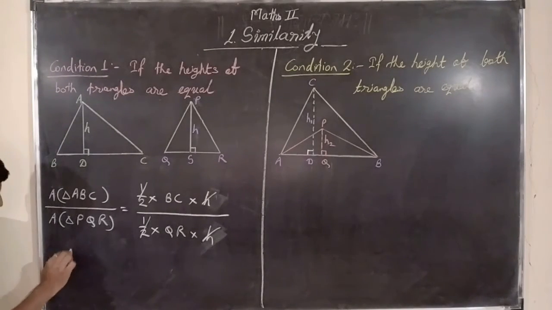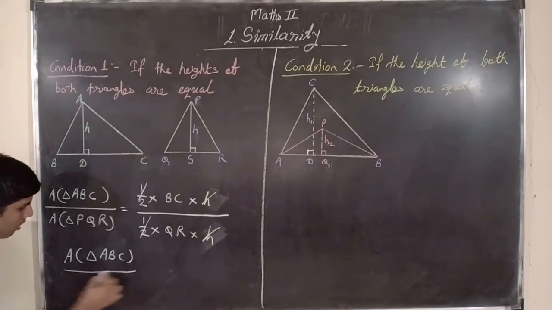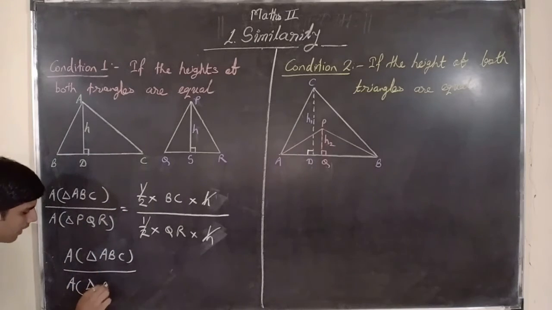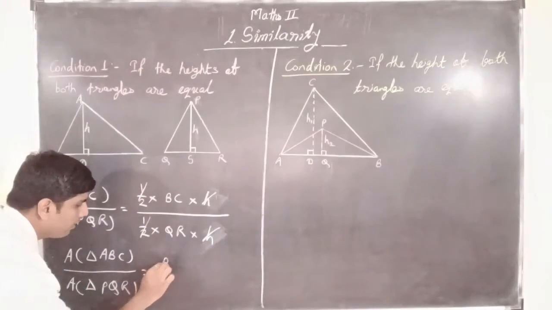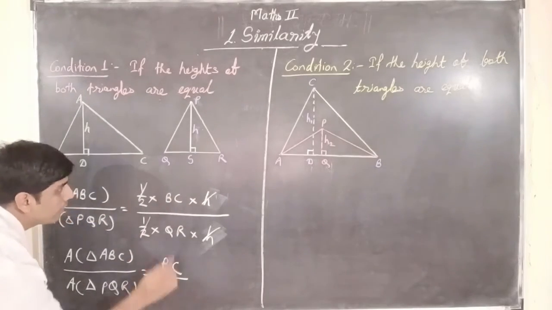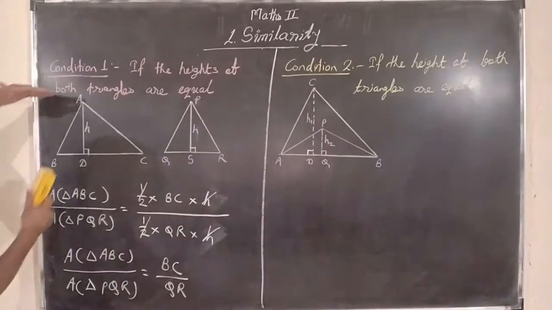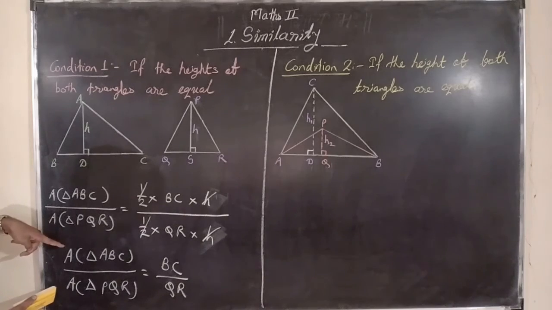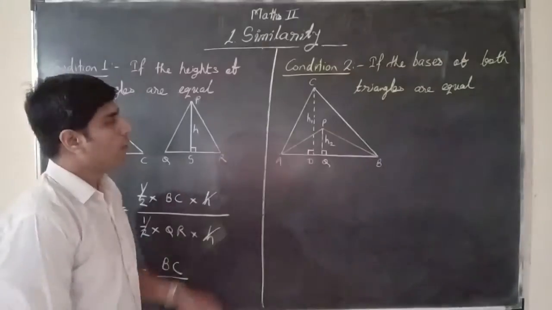So therefore, area of the first triangle ABC upon area of the second triangle PQR will be equal to the base of the first triangle, that is BC, upon the base of the other triangle, that is QR. So in the first case, if the height is the same, then the ratio of the areas of both triangles will be equal to the ratio of their corresponding bases.